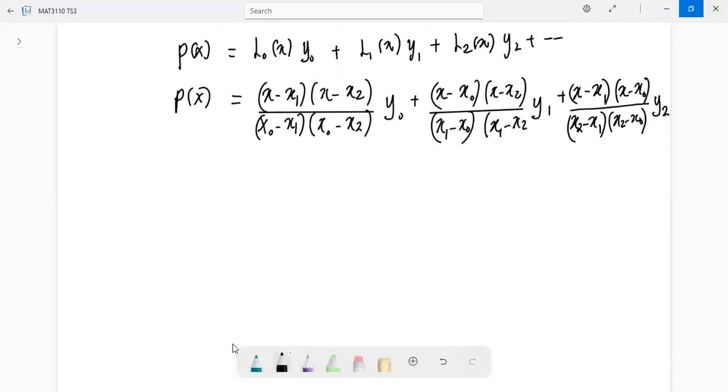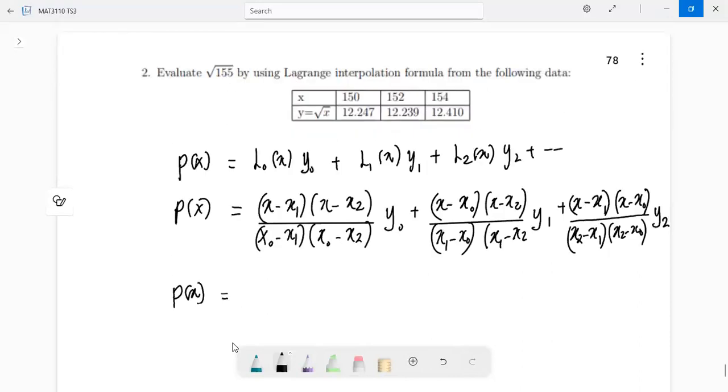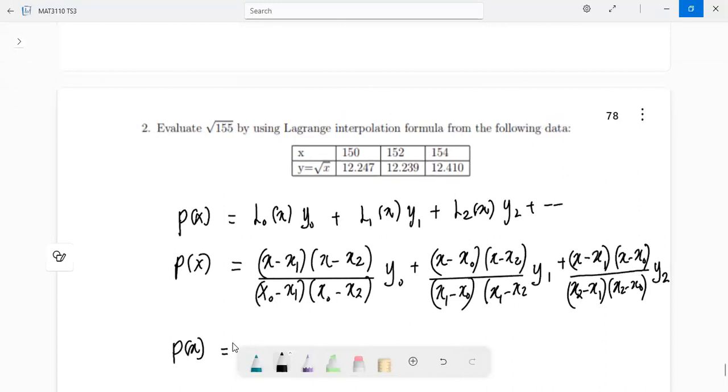Okay, so p of x is equal to now. Let's go back and substitute. Remember, this is our x0, y0, x1, y1, x2, y2.